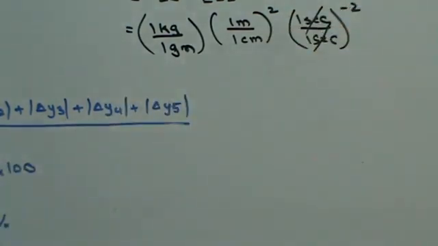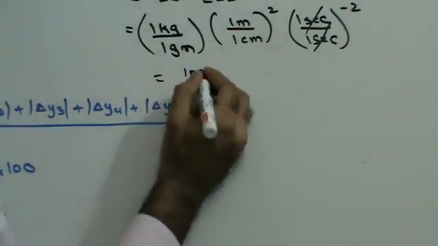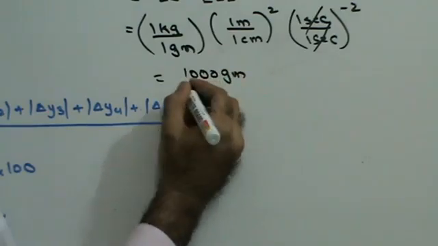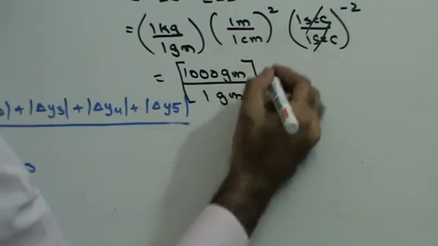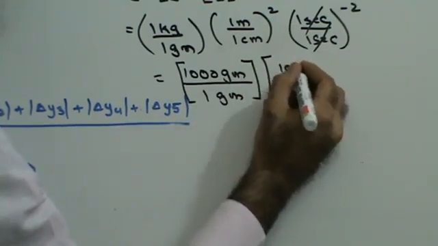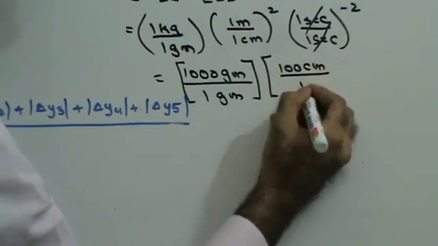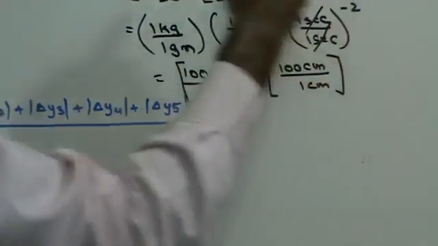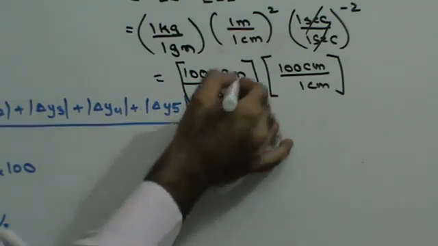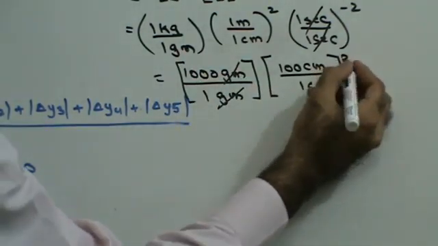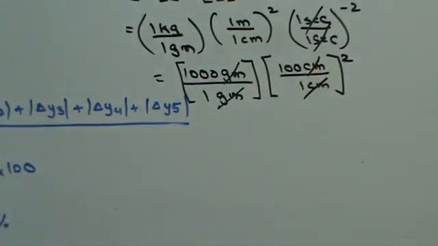This gets cancelled, right? 1 kg can be written as 1000 grams upon 1 gram. 1 meter can be written as 100 centimeter upon 1 centimeter. 1 raised to anything is 1. So gram and gram get cancelled and centimeter gets cancelled.